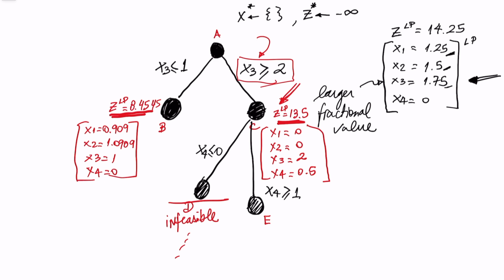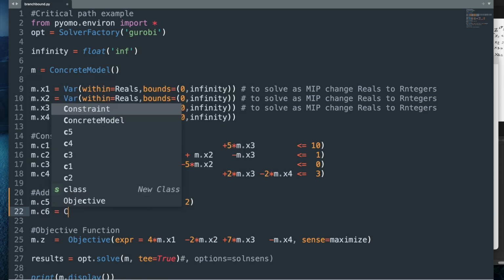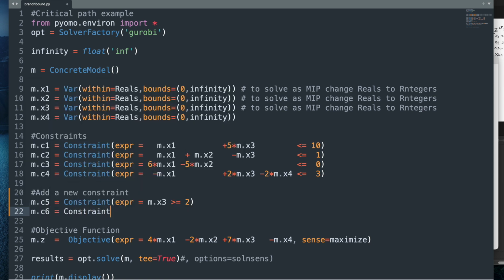Now we go to node E. So we saw that node D was infeasible, so it could be fathomed. However, we can now solve node E and see if we can find a solution for it. In that case, we have to add a new constraint. That's constraint 6. So this new constraint is again an expression where the decision variable x4 should be greater than or equal to 1.